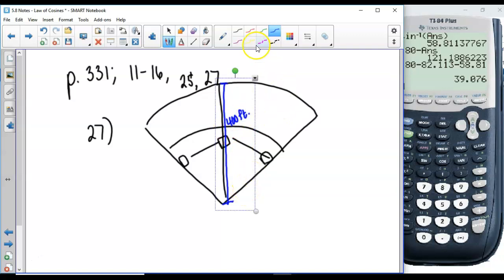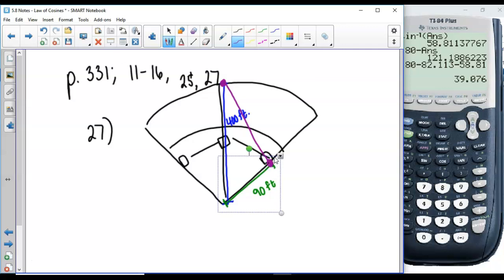And we know the length from home plate to the base is 90 feet. Somebody has the ball way out here right at the fence, and we want to know how far they've got to throw it to get back to first base.